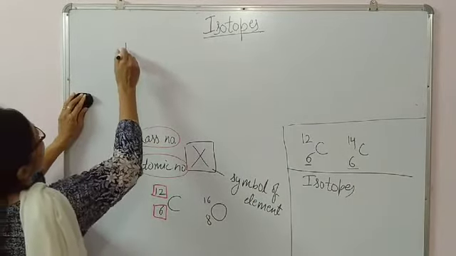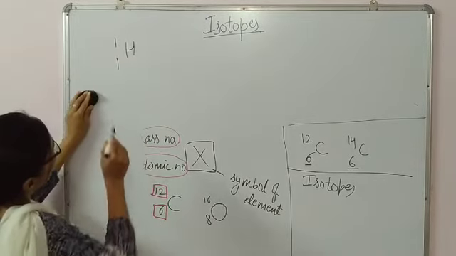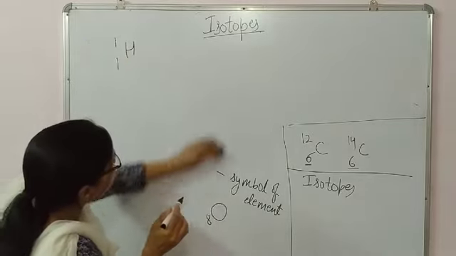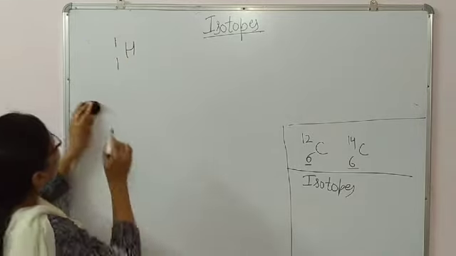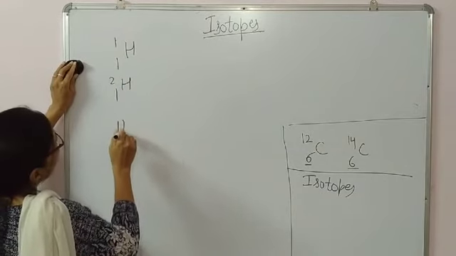In general, these are represented as 1H1. So 1 is atomic number, this above one, that is mass number. Then 1H2 and 1H3.